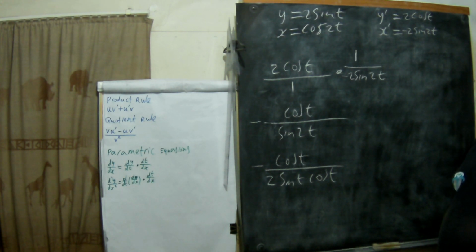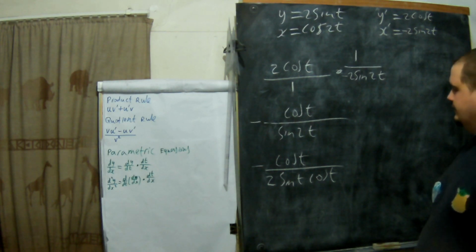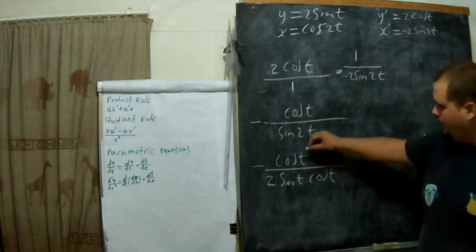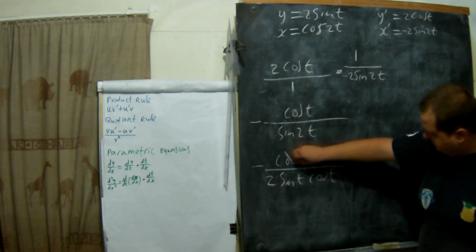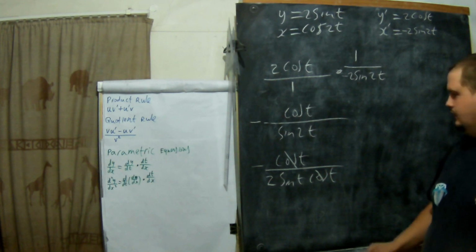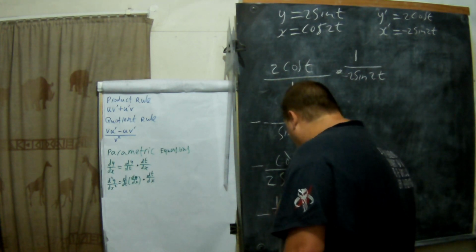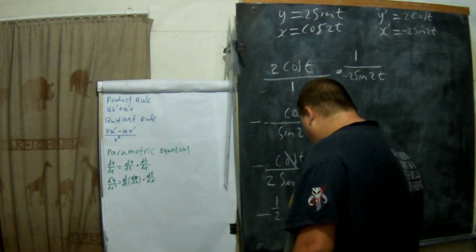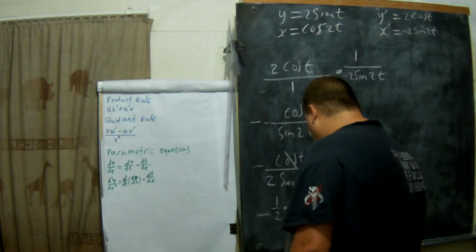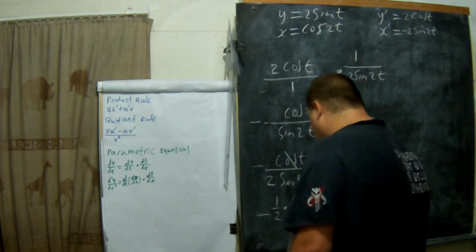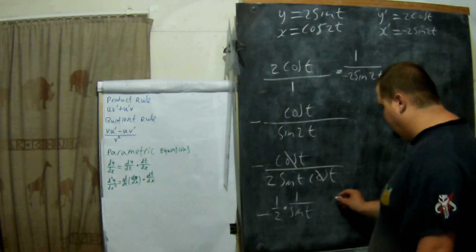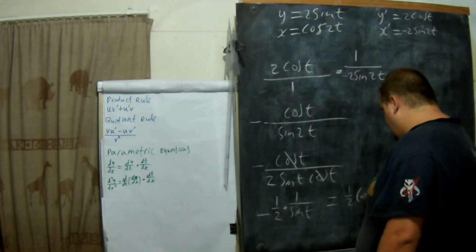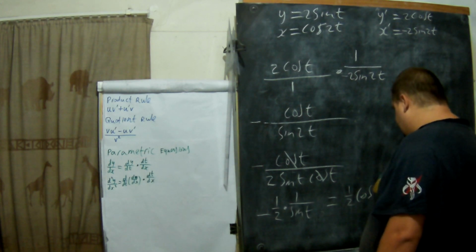That's one of its identities. So what we can do, because it's a multiplication, is cancel the cos t. So what we are left with is minus a half multiplied by 1 over sine t, which equals a half cosec t.